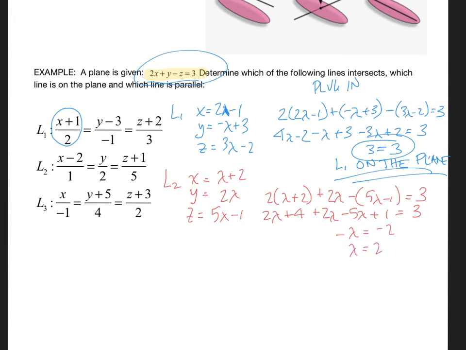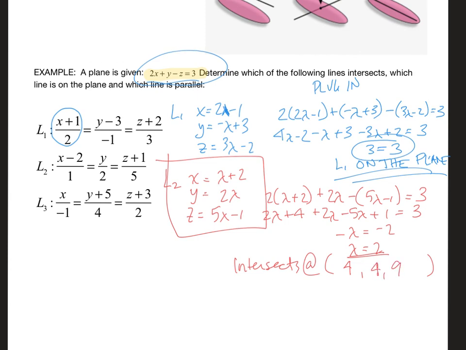This means that it intersects at a point. Now, if it intersects, I want to know what point it intersects at. So I'm going to take this lambda equals 2 and plug it in so that I have an x, a y, and a z. I'm going to let you do that, but you should end up with (4, 4, 9) being the intersection point.